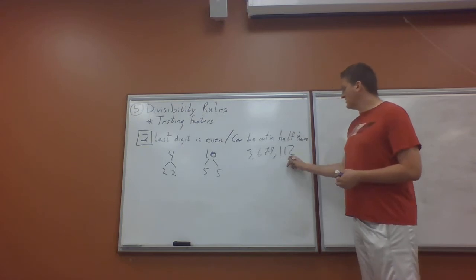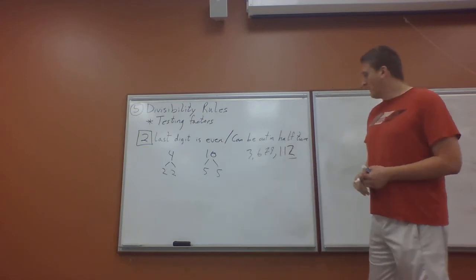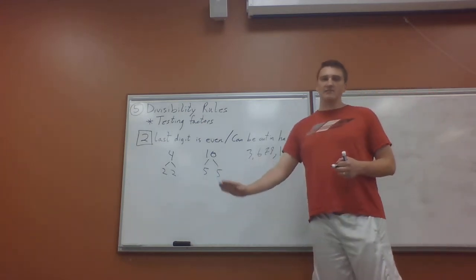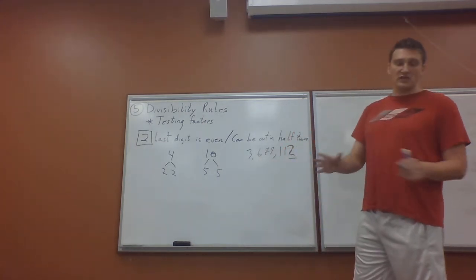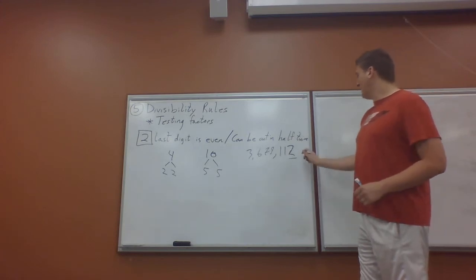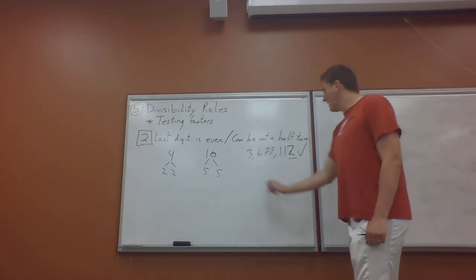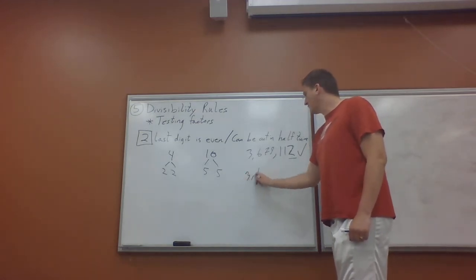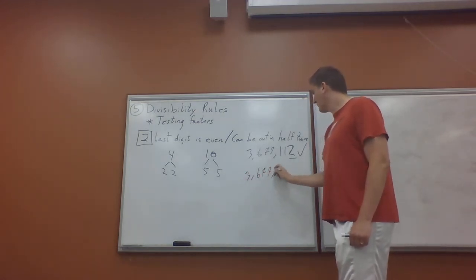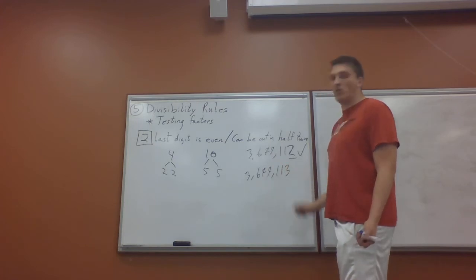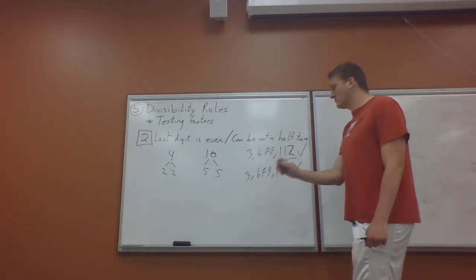I check that last digit, 2. We know 2 is an even number. That means I can cut this whole thing in half and not have any fractions or remainders left over. So that is definitely divisible by 2. If it was that same number, but let's say I just added 1 more, that would not be divisible by 2.